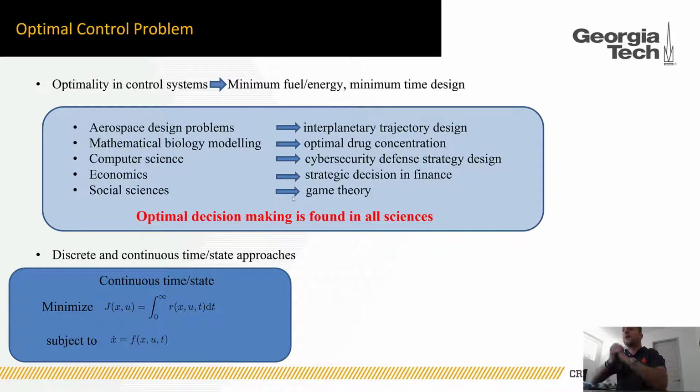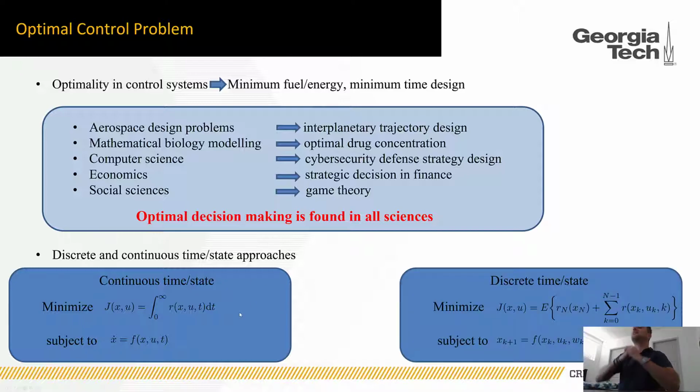So for example, if you have a continuous time system, then your performance will be given by this J, where u is the variable that you can put into the system, and you want to optimize it such that this cost is minimum, and this R(x,u,t) can be either the fuel, energy, or time, or a combination of those. And then we want to have everything constrained by the trajectory of the system, so we have an equality constraint which is given by the physics of the system. So this is the continuous time optimization problem.